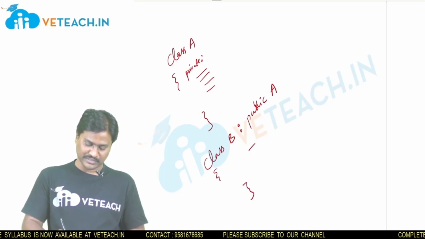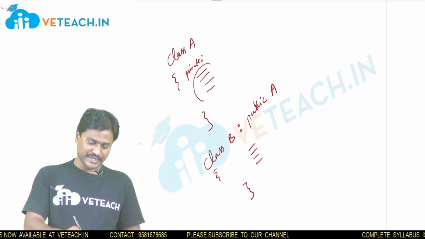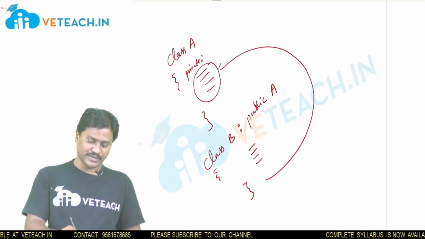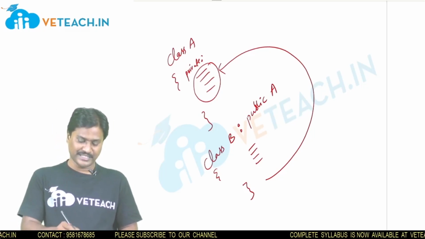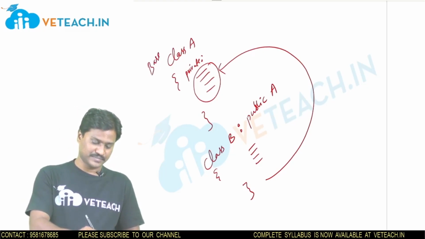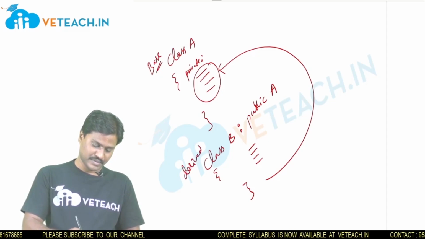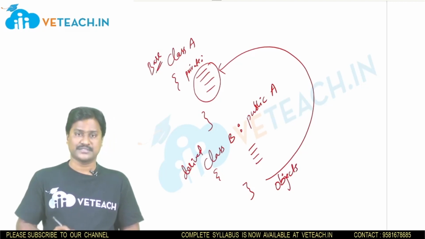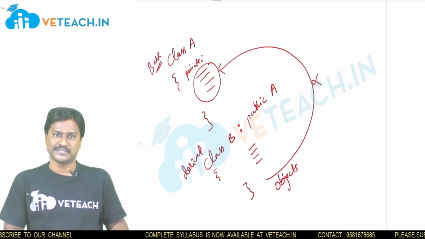This class also has some member variables, but the private data members cannot be accessed by the object of the derived class B, even though it extends the properties of the base class. This is the base class and this is the derived class, and the objects of the derived class cannot access the private members of the base class.